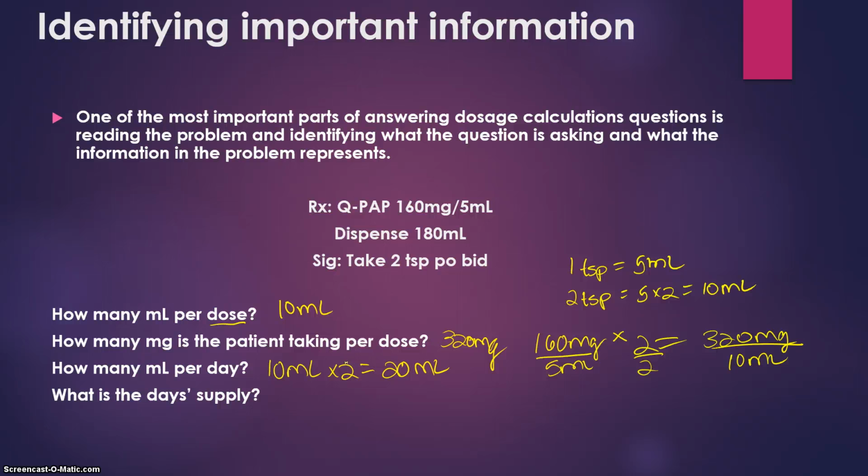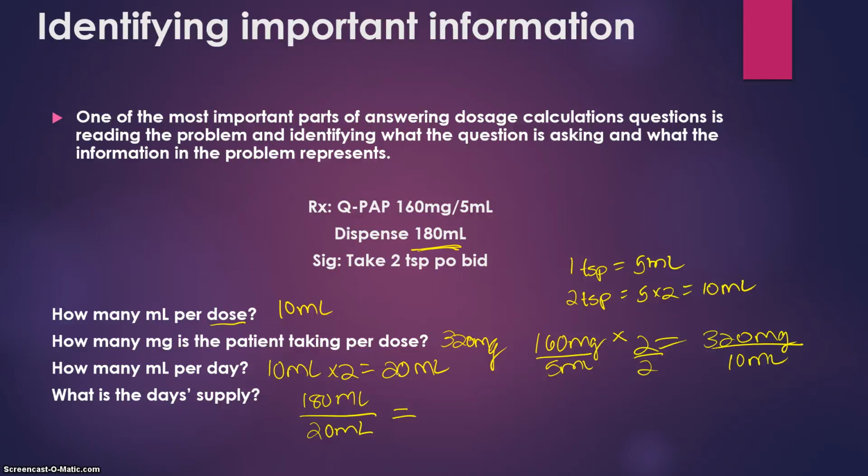What is the day's supply? To calculate the day's supply, we need to look at our dispense, which is 180 ml. And then you divide that by the total daily dose, which is 20 ml. And so 180 divided by 20 ml gives you 9, right?